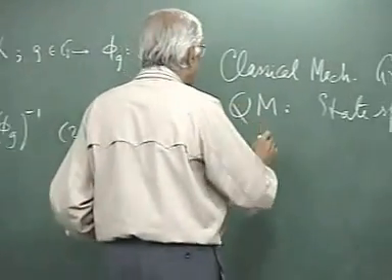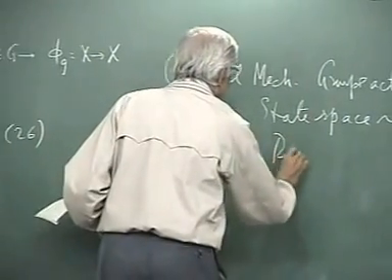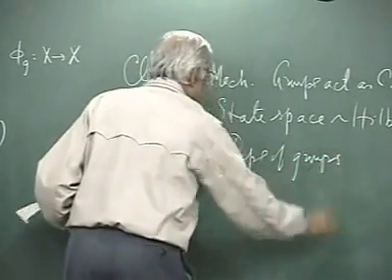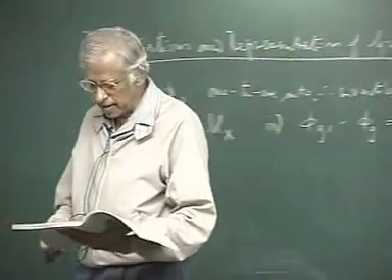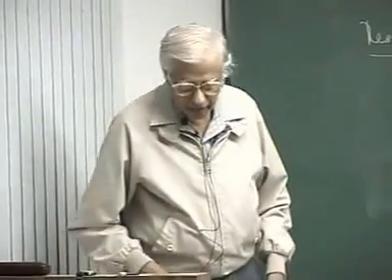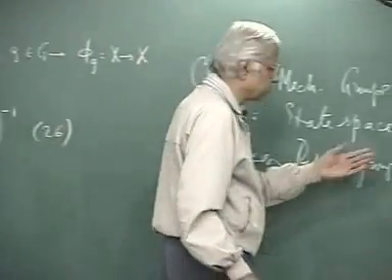We are led to the concept of linear representations of groups. It is because in quantum mechanics the superposition principle is so basic, and pure states are represented by vectors in a Hilbert space, that we are led to the study of linear representations of groups.